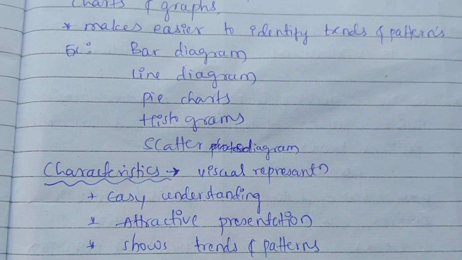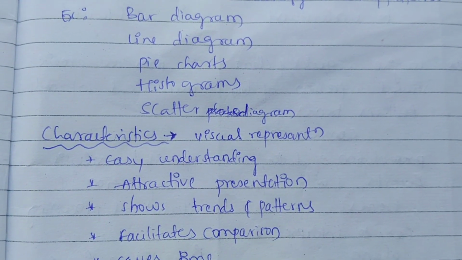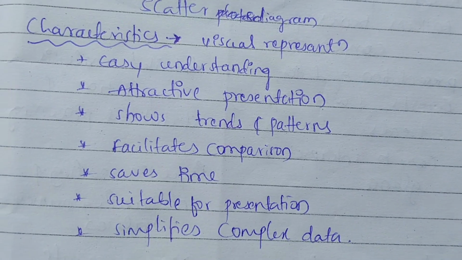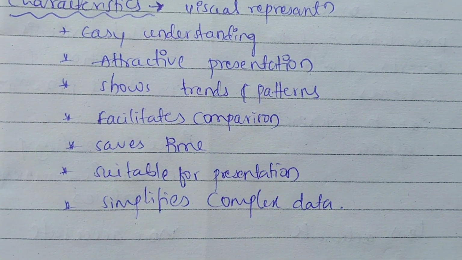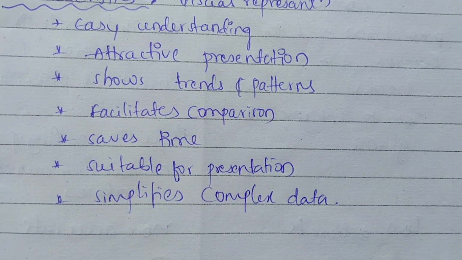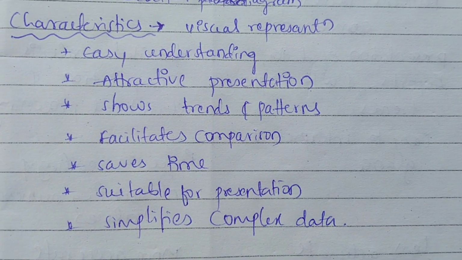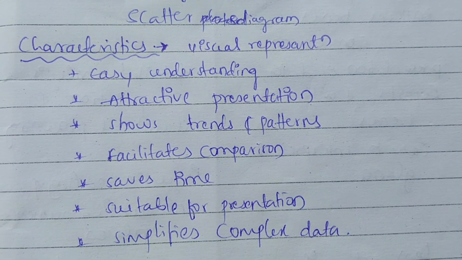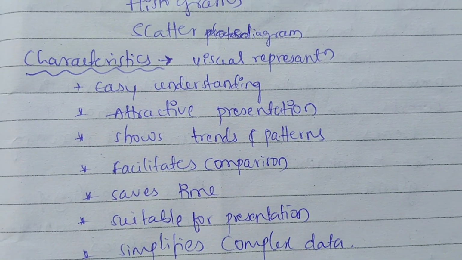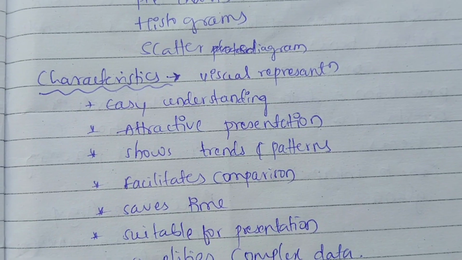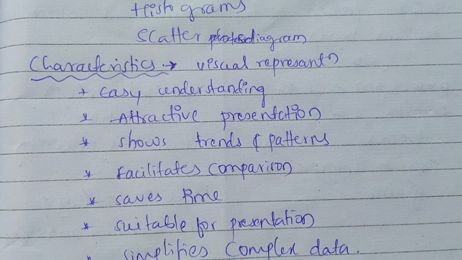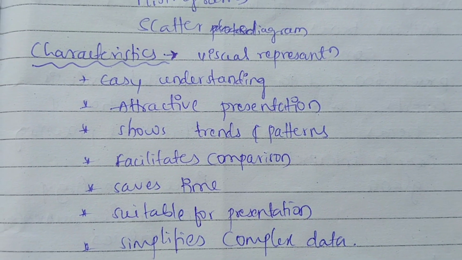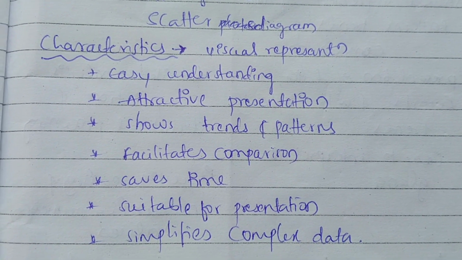The characteristics of graphical presentation are: visual representation of data, easy understanding, attractive presentation, shows trends and patterns, facilitates comparison, saves time, suitable for presentation, and simplifies complex data. While writing, explain how graphical data are visually represented in a clear, easily understood way, which enhances understanding of the data.